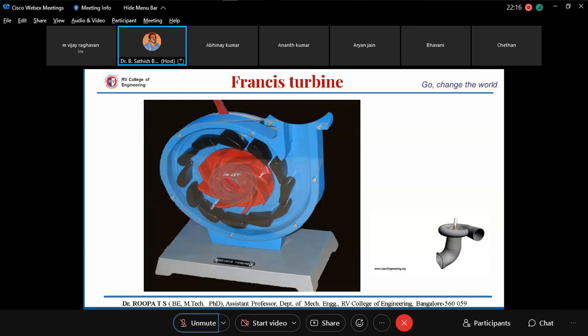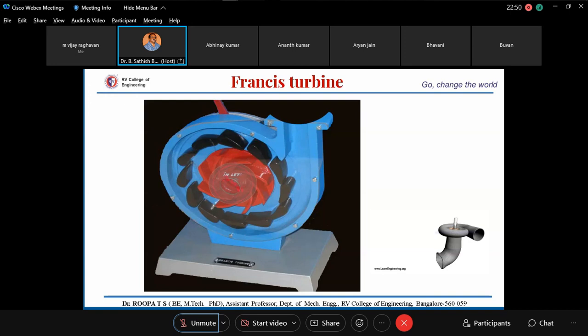So this is the Francis turbine, which will have a spiral casing, and the water will flow radially inward. It is a reaction turbine, which is mixed flow type. Or rather, it is better to state both radial flow and mixed flow, because modern Francis turbines use the mixed flow category.